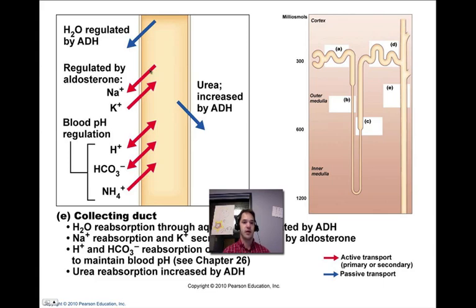Aldosterone increases sodium reabsorption and decreases potassium secretion. And then bicarbonate, hydrogen, and ammonia are secreted or reabsorbed to maintain blood pH.